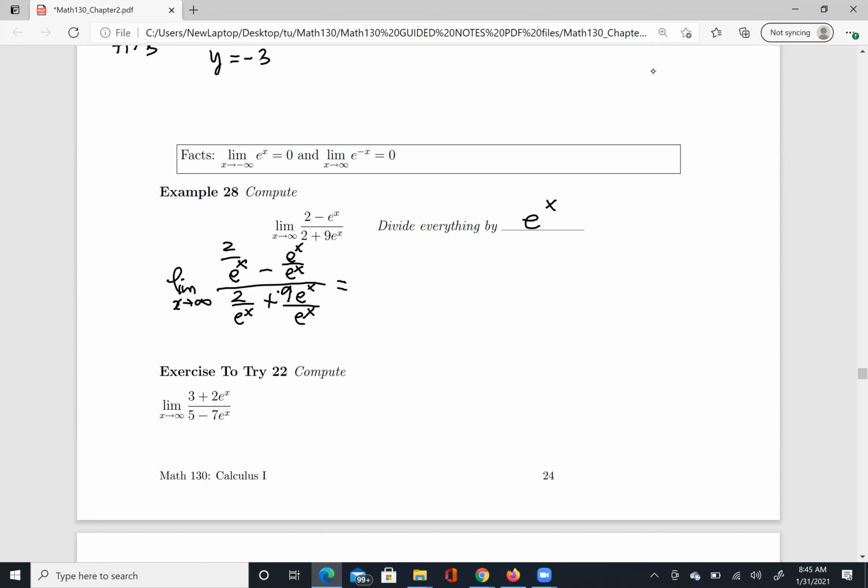Simplifying, the top is 2 over e to the x minus 1, everything divided by 2 over e to the x plus 9.